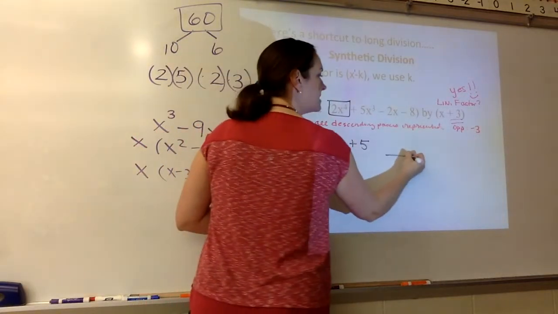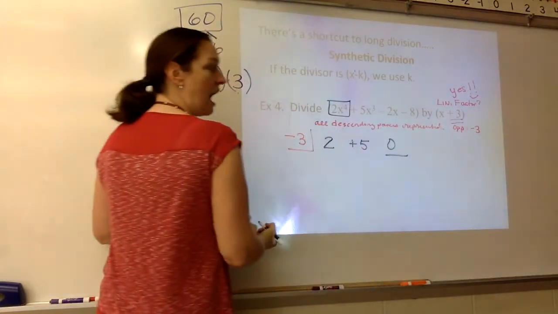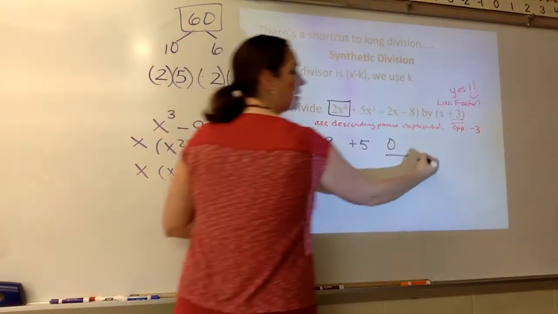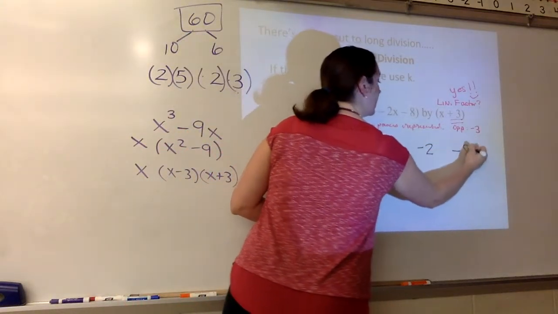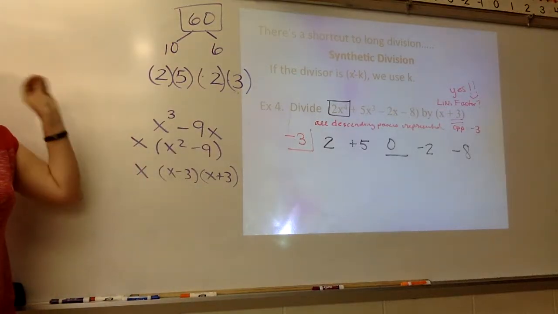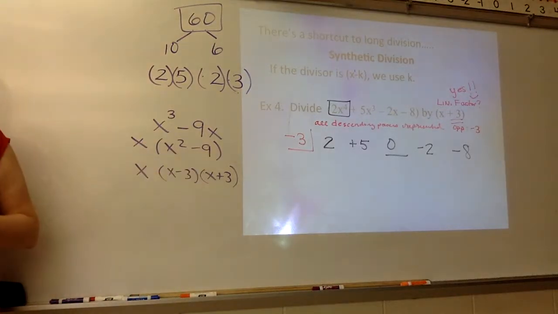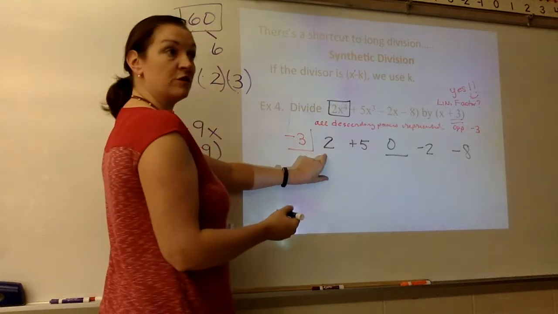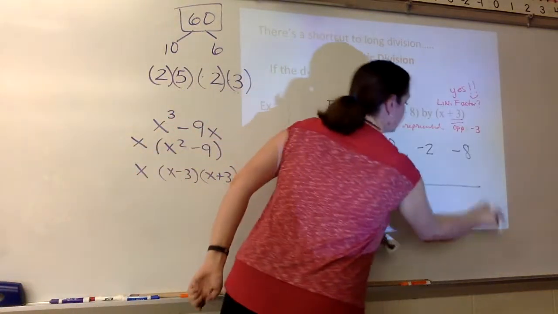Uh-oh, I'm missing x squared. I fill in a 0 as a placeholder. -2, -8. In long division and synthetic division, you must have all descending powers represented. Okay, leave a space in your notes and draw a line.